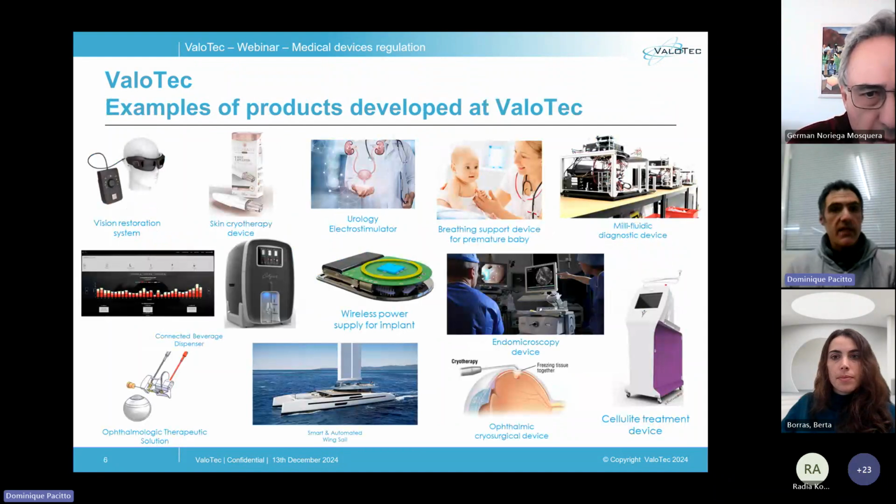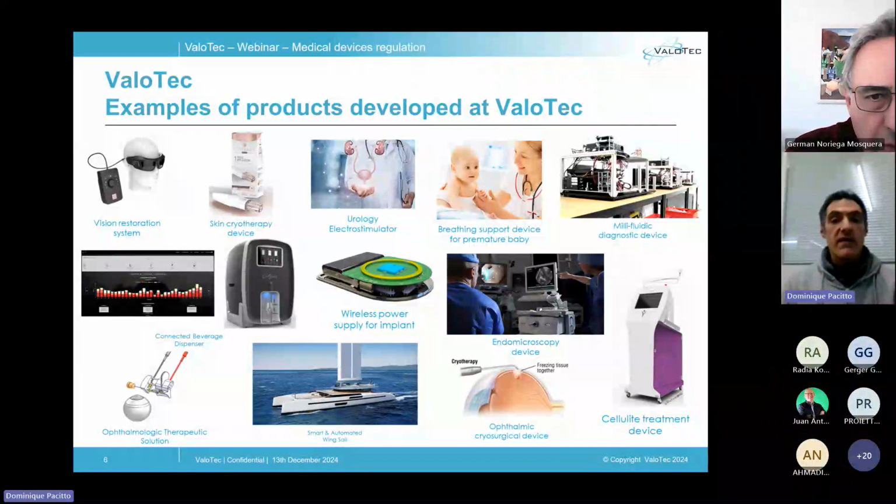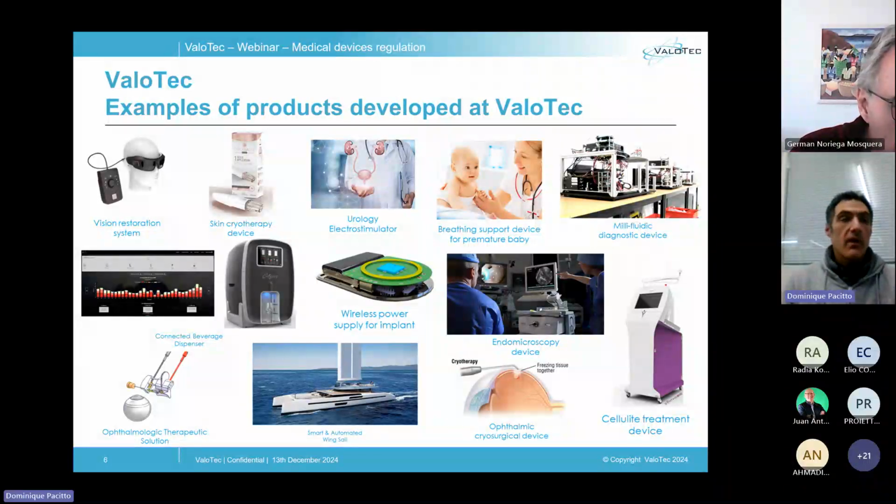Since the beginning, we participated in the development of more than 50 medical devices, 15 of which developed from end to end. The devices we worked on were related to various medical areas, such as urology, skin treatment, ventilation, sterilization, and so on.